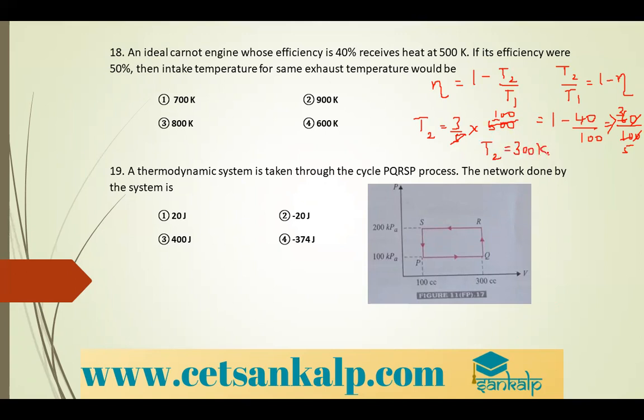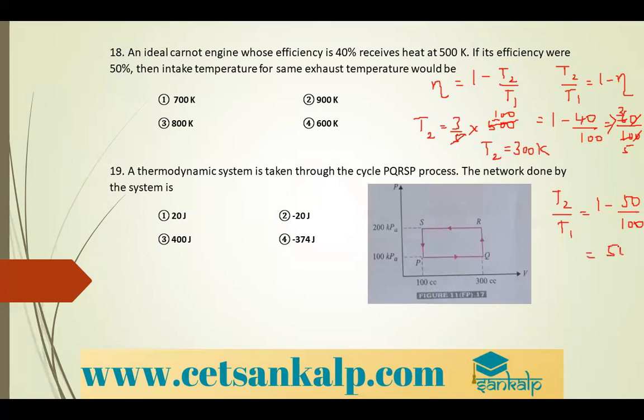But now I need to find T1, right? Use the same formula, but now 50% is given. Earlier it was 40%, now the efficiency becomes 50%. So again the same formula, T2 by T1 is equal to 1 minus 50 divided by 100.